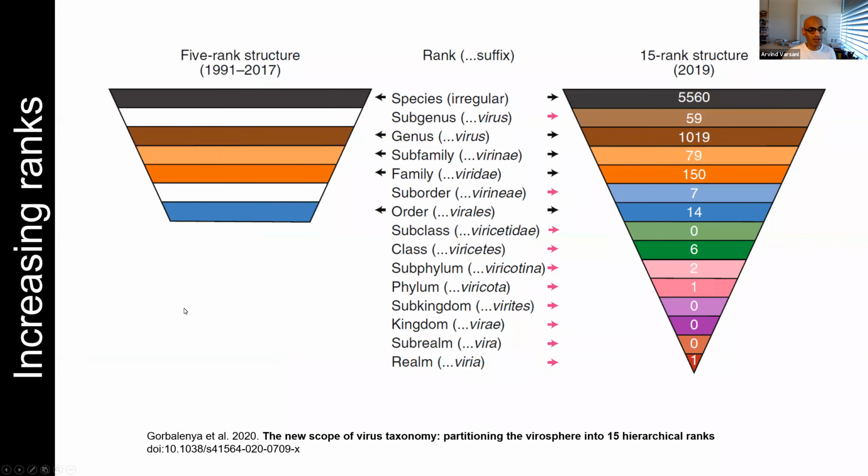Furthermore, what also has happened is that we've gone from a 5-rank structure in terms of classification to a 15-rank structure, which helps start establishing much deeper evolutionary relationships as well as taxonomy classification.